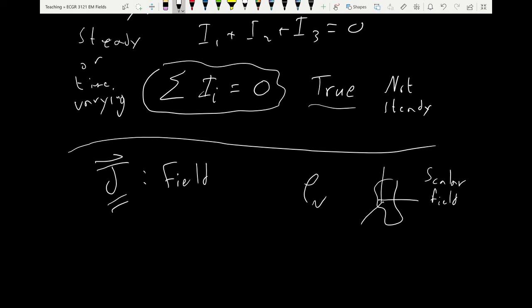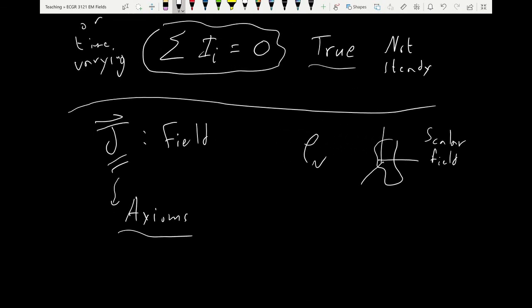So we could also look at J as a field, and then we ask ourselves, what are the axioms that govern J? We want to build axioms that describe J based on the axioms that we already know for electrostatics. Those have to be new axioms, by the way, because electrostatics assumes that nothing is moving, right? With steady current, we are assuming there is some steady movement.